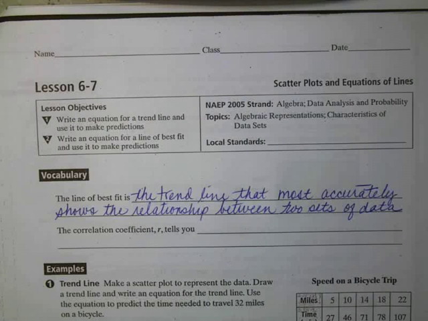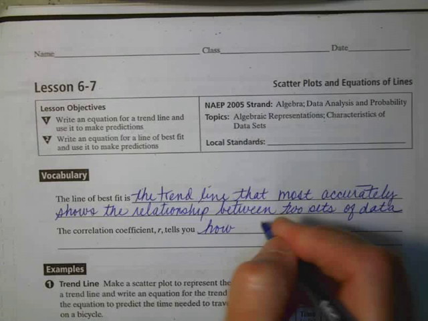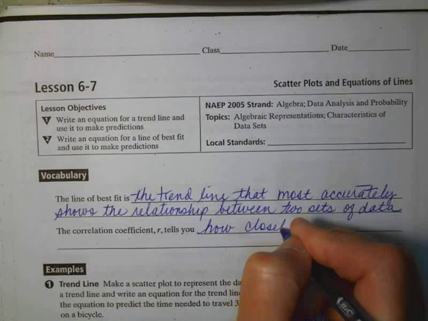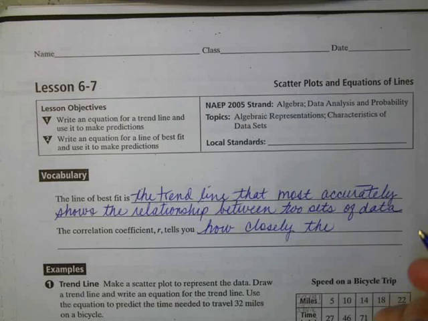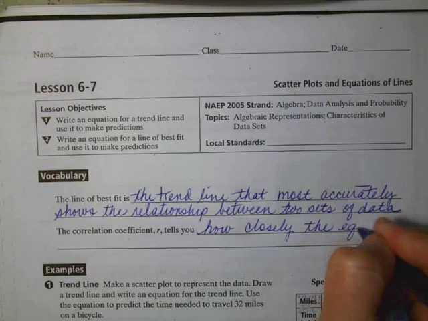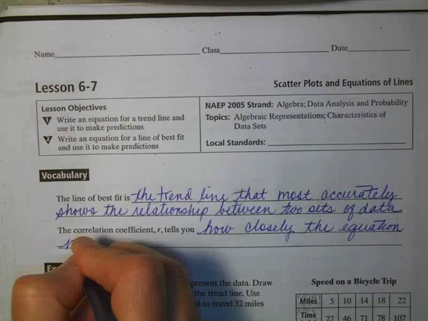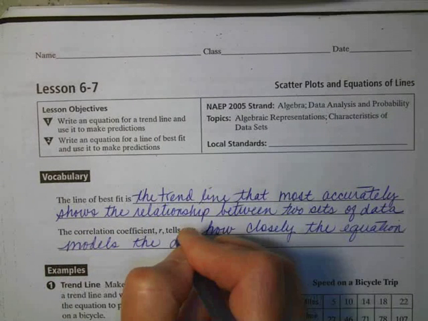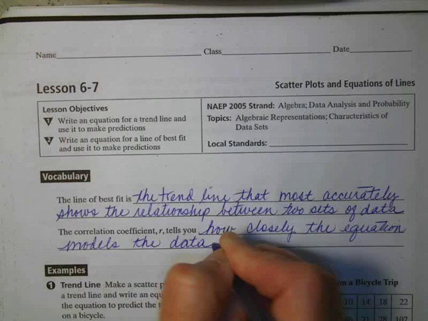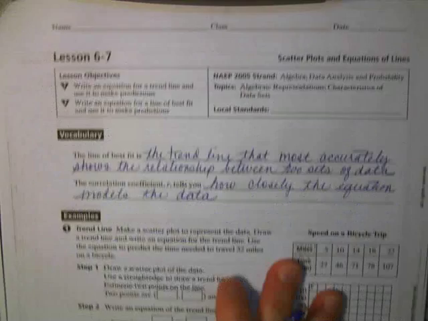The correlation coefficient R tells you how closely the equation models the data. Okay, so those are our definitions we want to do.